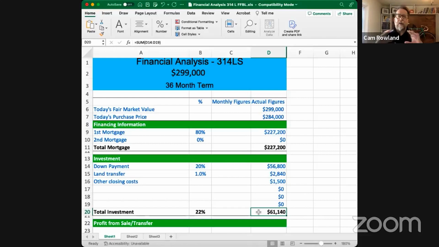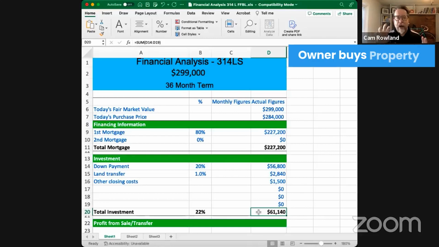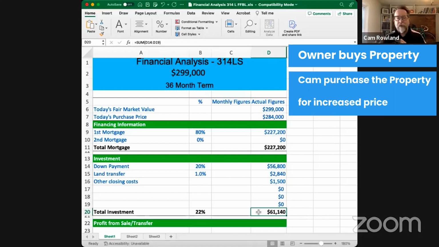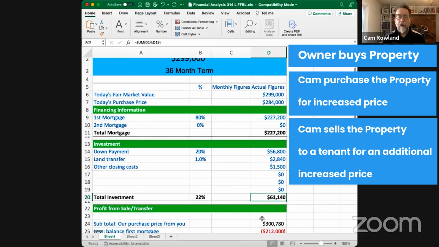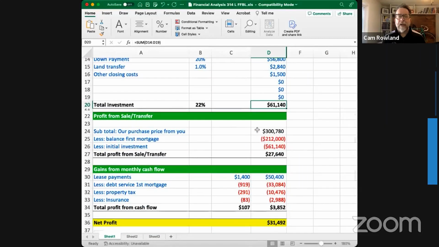Now, if you recall, the sandwich lease way that I mostly do them is where the owner buys it, and then at the end of the 3-year term, I purchase it from them for an increased price, and then I turn around and sell it to the tenant buyer for an additional increased price. So what I was agreeing to was to purchase it back off the owner in 3 years for $307,800.